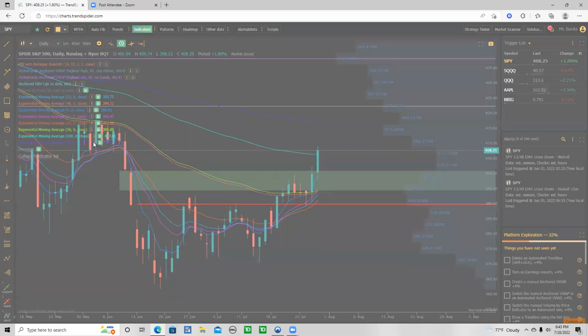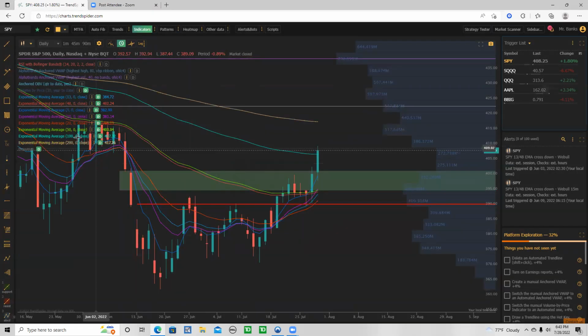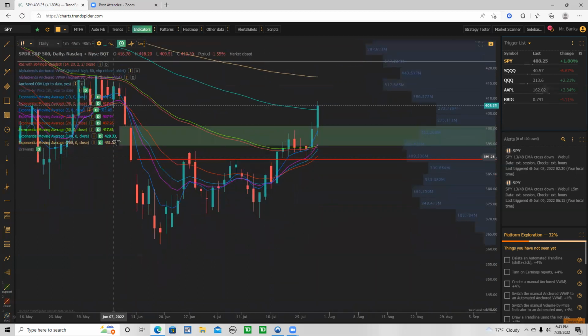Let me change this color real quick. All right, cool. So we have the 200. Oh, what do you know? So the 200 EMA on the daily is at 417 as well. So now we have the 200, which we know is a massive, right? We want to look for the 200. That's the biggest area that we're looking for resistances or support.